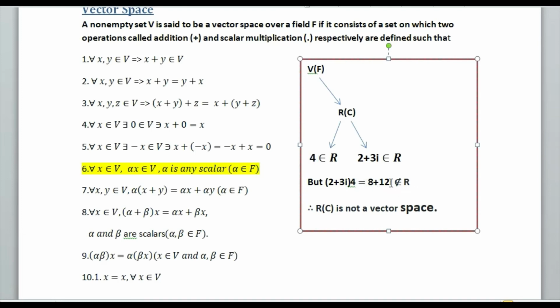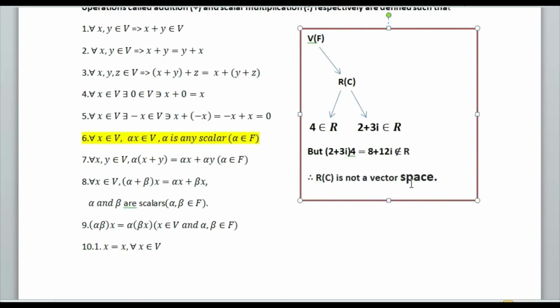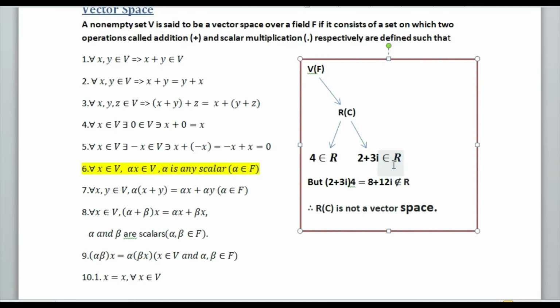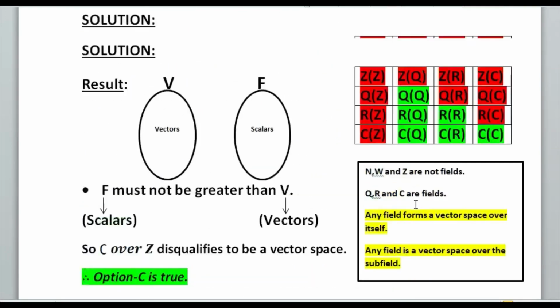This is a complex number, and you can see the imaginary part of this complex number is not 0. The imaginary part is 12. 8 plus 12i doesn't belong to the set of real numbers. Therefore, R over C is not a vector space. Similarly, you can check the others from the table.